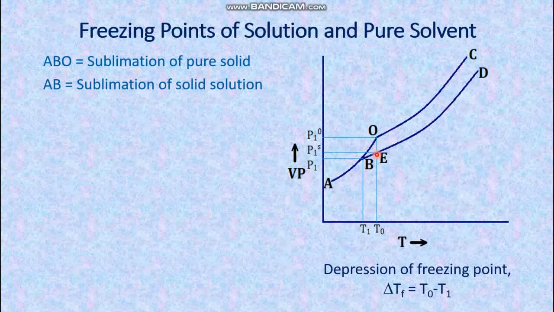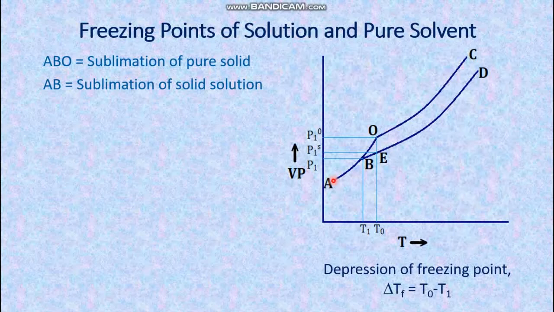In order to get the solid form, the solution has to move further. Because whether the substance is in the pure form or in the impure form, in the solid form there is no change in vapor pressure, because there is no effect on the exposed surface area whether it is a pure or impure substance.